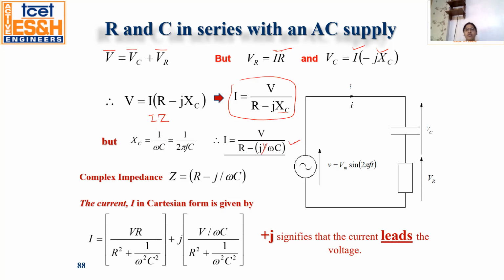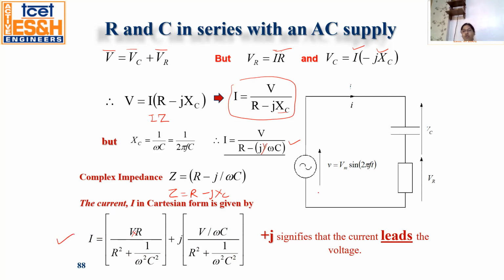This is again a formula for current, and this is Z. Z is also written like this, Xc, and in place of Xc you can write 1 upon omega C. So the current in the Cartesian form you can also represent like this: I is equal to V multiplied by R divided by R square plus 1 by omega square C square, plus j V divided by omega C and divided by R square plus 1 upon omega square C square.